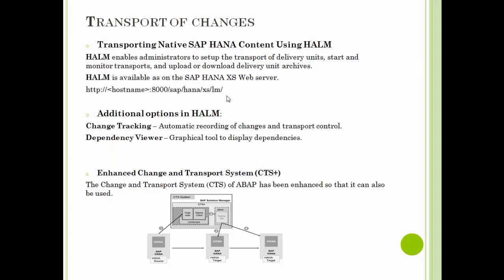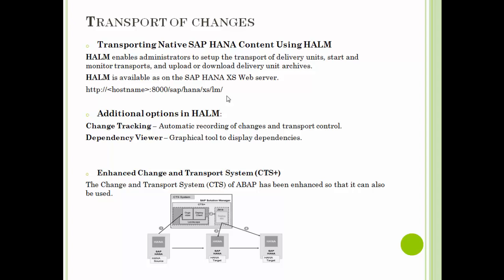So to summarize, it has platform lifecycle management and application lifecycle management, where platform lifecycle management is used for customizing and updating the HANA platform, where we do any sorts of customizations and updates.